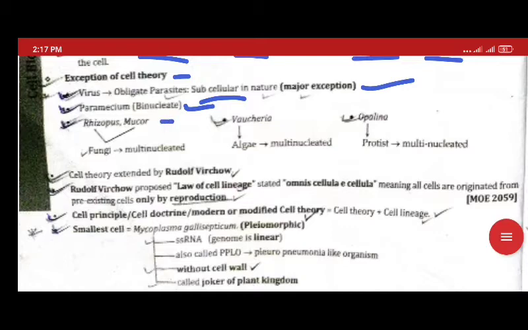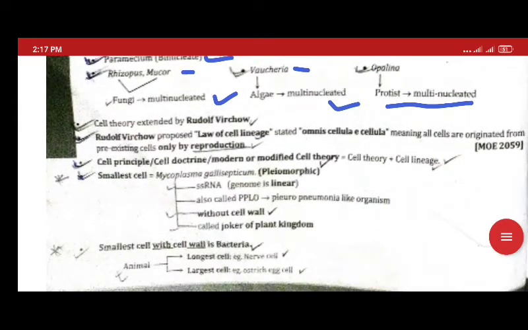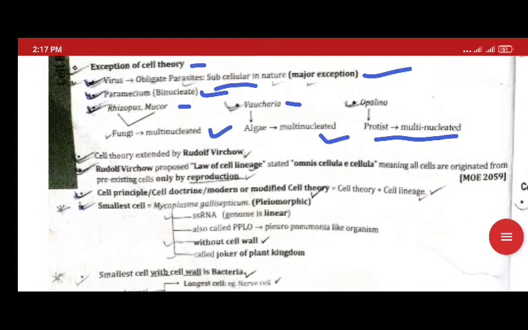Rhizopus and Mucor in fungi are multinucleated. Vaucheria, an alga, is multinucleated. Protists are also multinucleated. So a cell contains only one nucleus, but these organisms don't follow the rule. You should remember these examples.